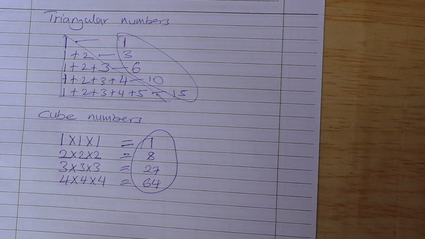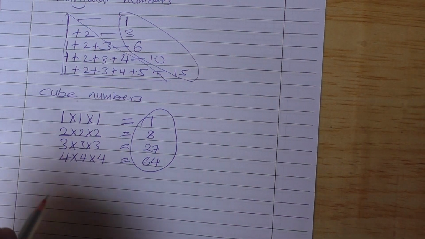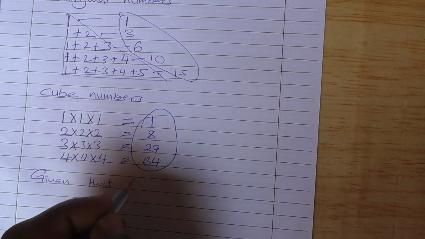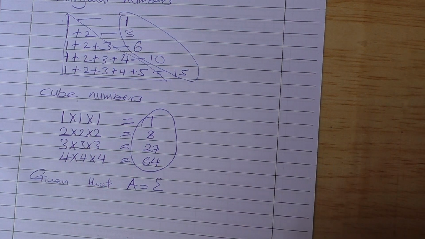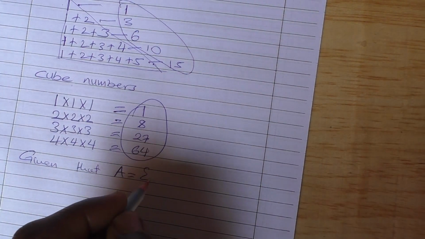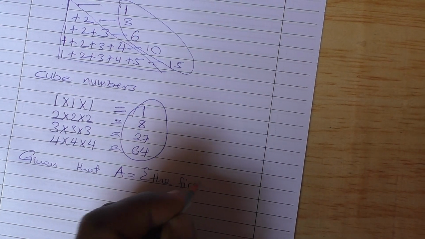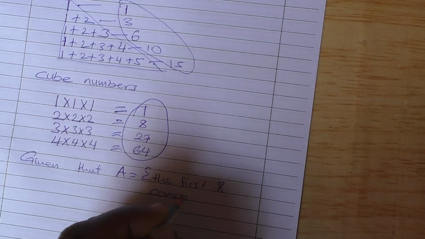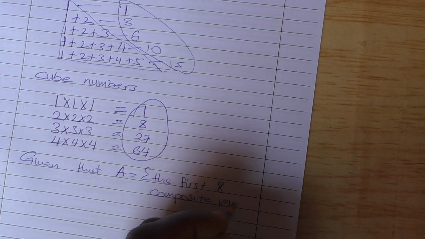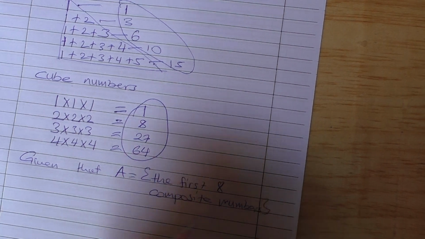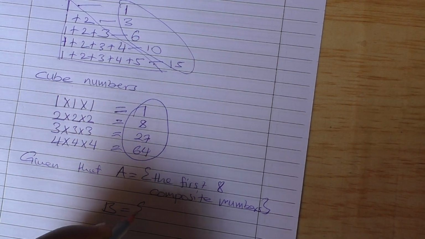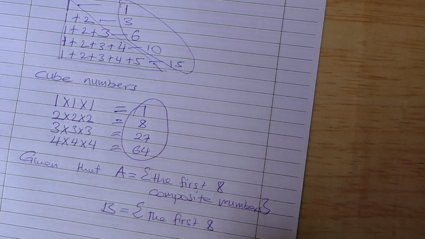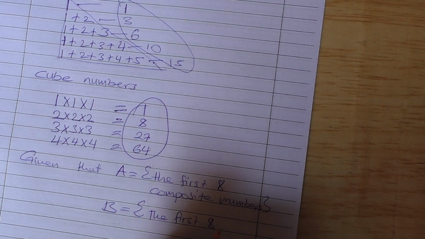For instance, you'll be given a question which says, given that set A equals the first 8 composite numbers, and maybe set B equals the first 8 triangular numbers.